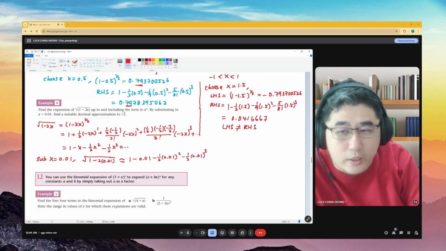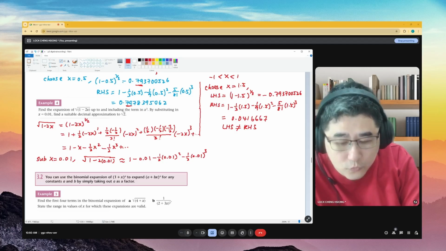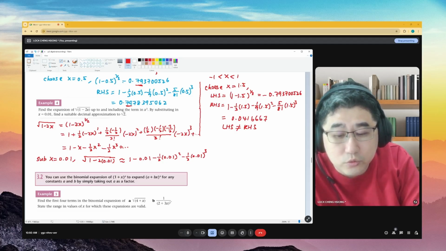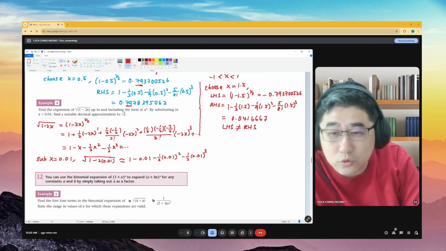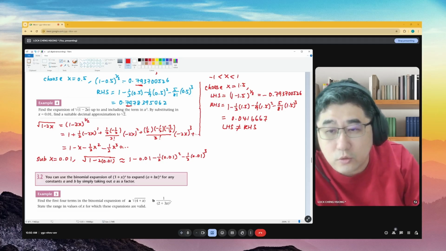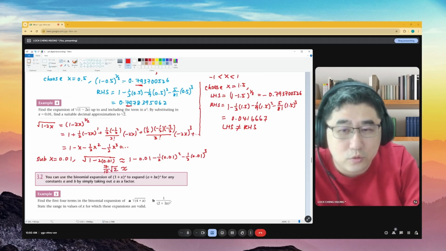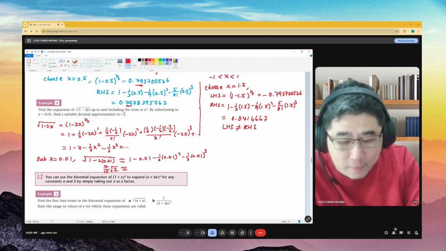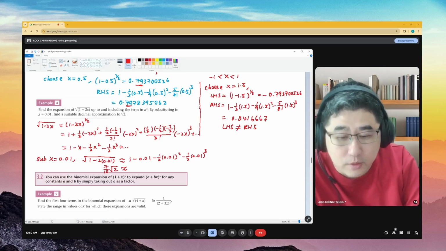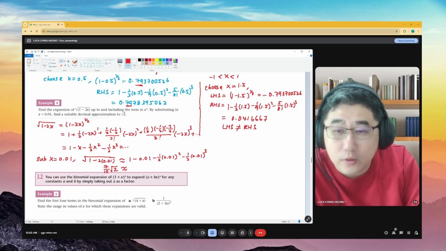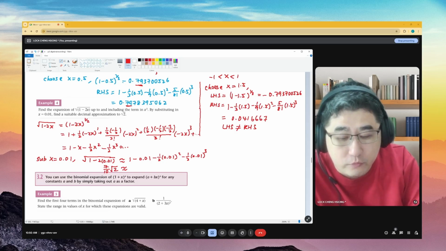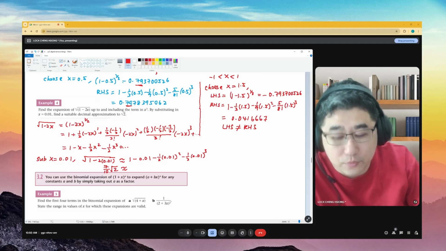So what do I actually get here? The square root of 1 minus 0.02 is 7 over 10 of square root 2, approximately 1 minus x minus 0.5x squared minus 0.5x cubed, calculate with 0.01.